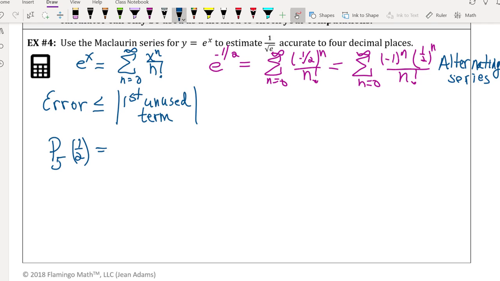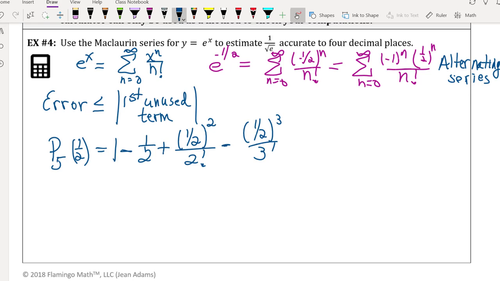So this is going to give us 1 minus 1/2 plus 1/2 squared over 2 factorial minus 1/2 cubed over 3 factorial plus 1/2 to the 4th over 4 factorial minus 1/2 to the 5th over 5 factorial. And I just realized I wrote this as a 4.